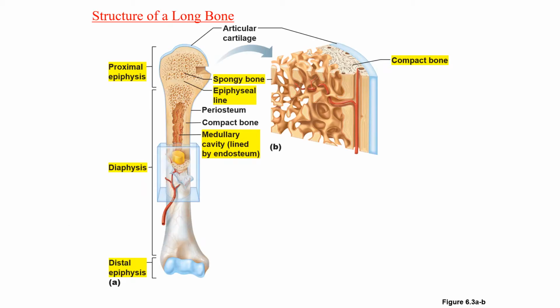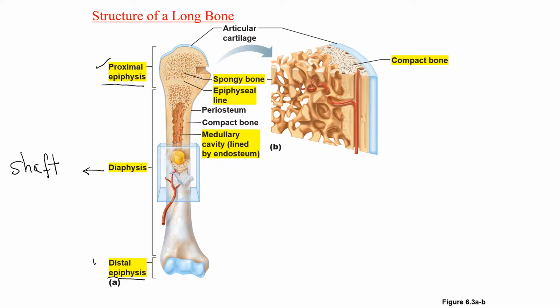Long bones consist of three structures. The shaft of the bone is called the diaphysis. The expanded ends are called the epiphyses. A long bone will have two epiphyses. The proximal epiphysis will be the one closest to the trunk.